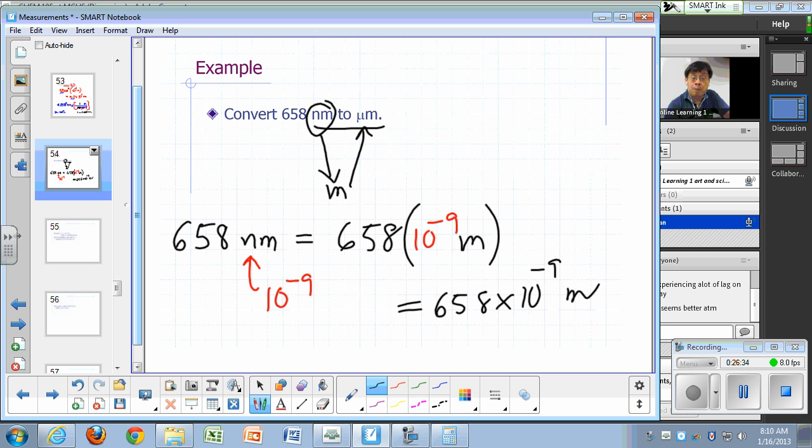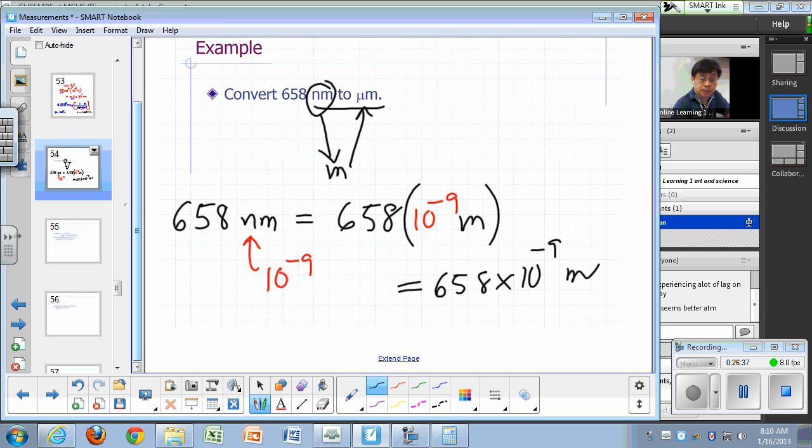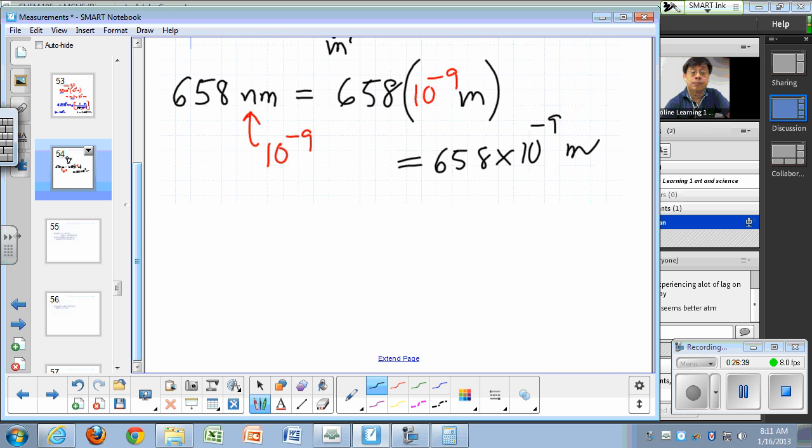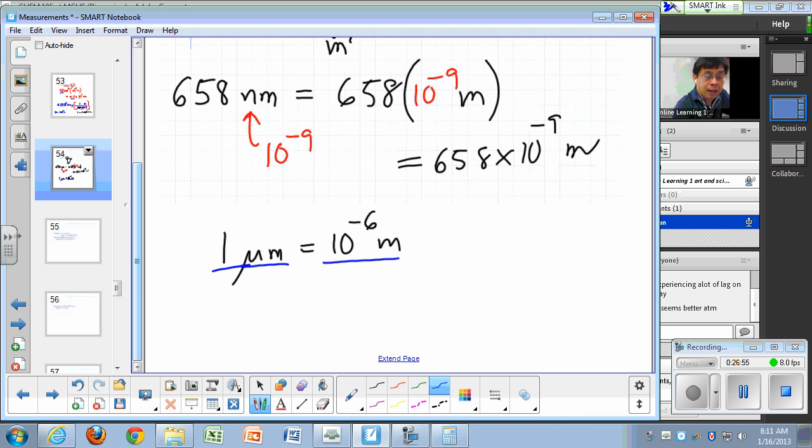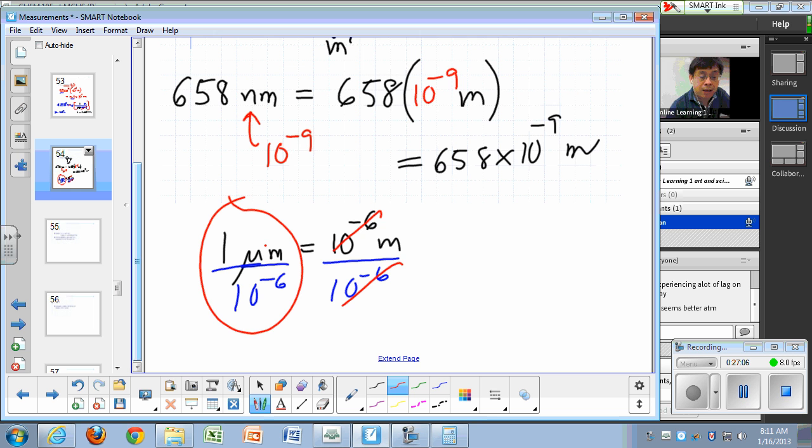So now how do I go from meters to micrometers? Well, let's see. I know that 1 micrometer equals 10 to the negative 6 meters, right? So if I divide both sides by 10 to the negative 6, I can say then that 1 meter is equivalent to 1 micrometer divided by 10 to the negative 6, or you can say that's 10 to the 6 micrometers.